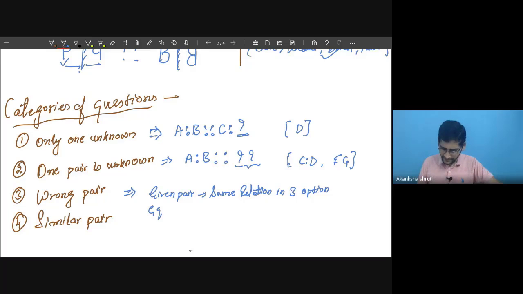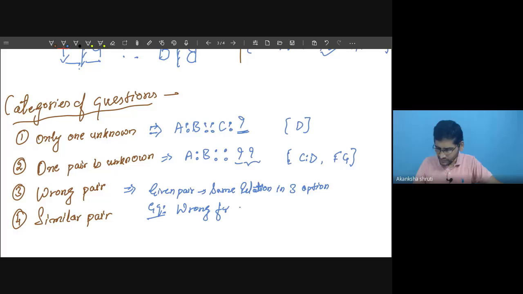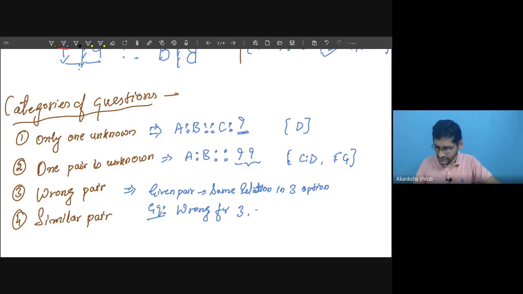Let me frame one example. Say wrong pair, let me take this one. 3 is to 27 is option A. Say 2, 8 may be written in this comma form, or kept in the bracket, or written in this form.